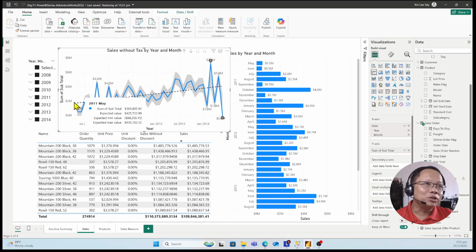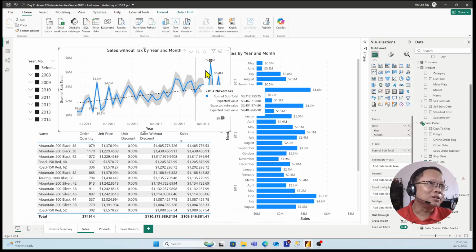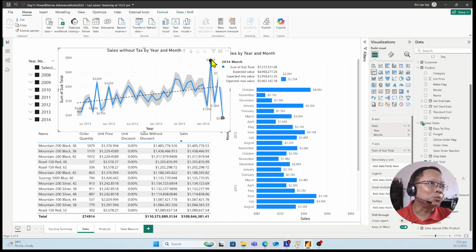As you can see, the highest point here is 4.6, but this jumps up to 7.1, 7.2. The expected value is around 4.9, expected minimum value 3.9, expected maximum value is 5.9, so it's 7.2.